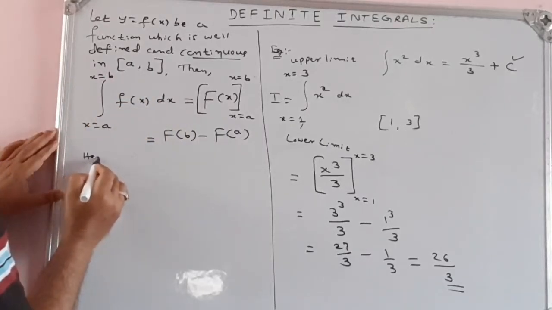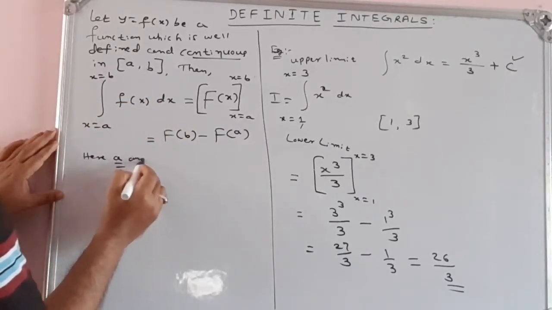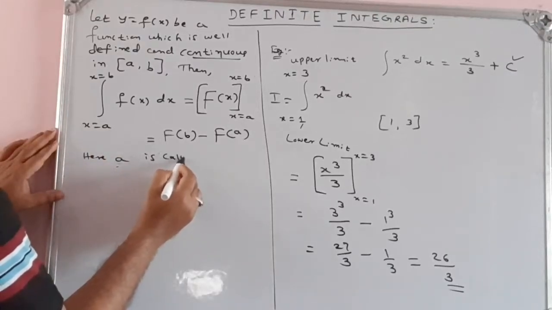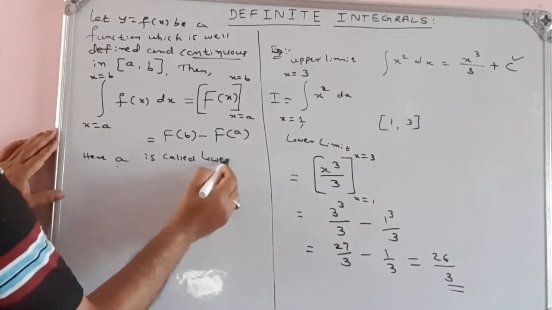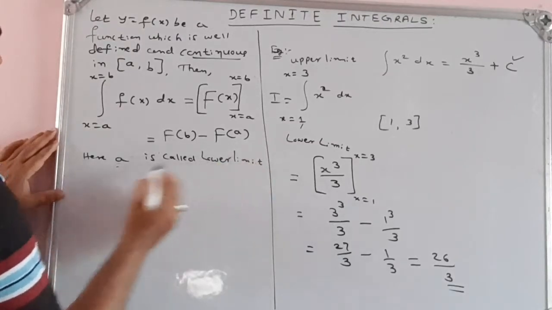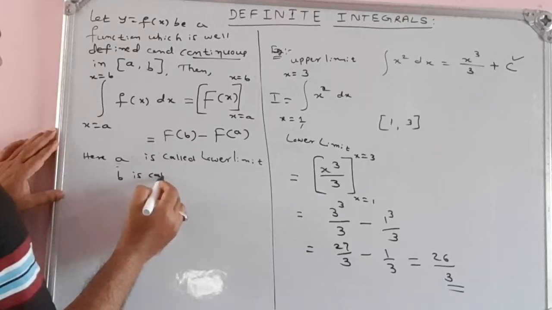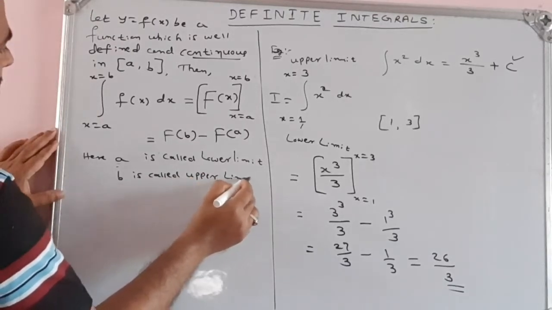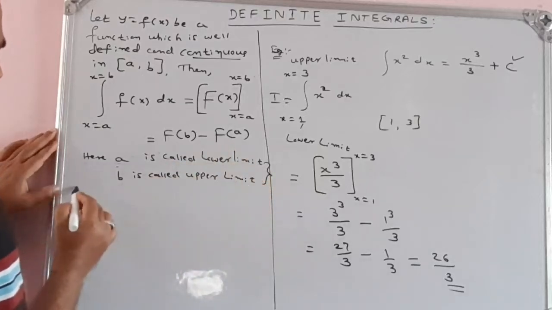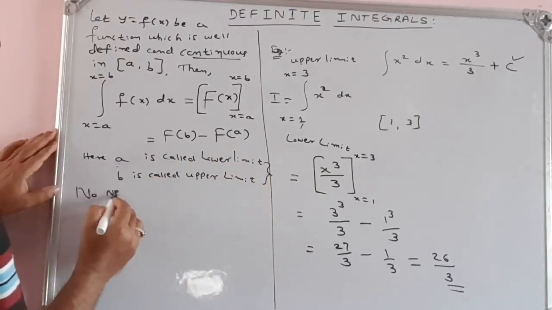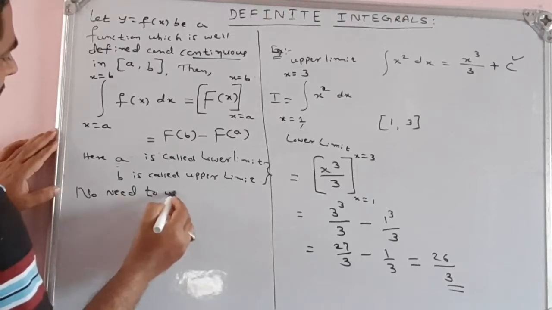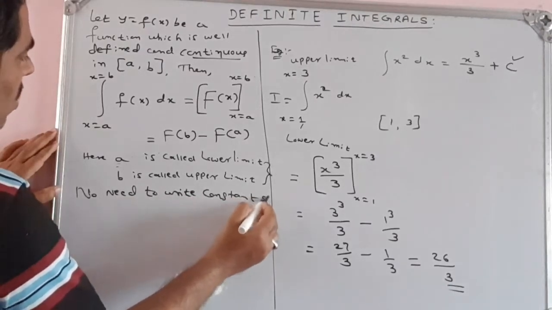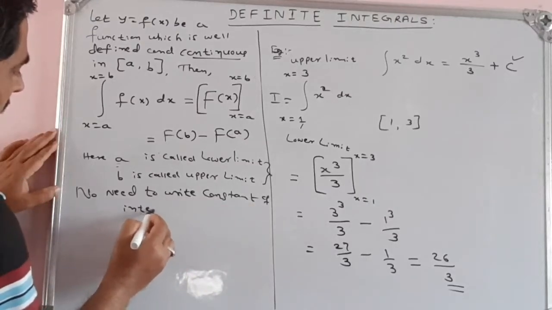So here a is called the lower limit and b is called the upper limit of the function. One important thing to remember here is: no need to write the constant of integration.